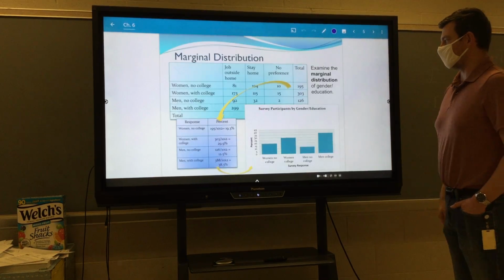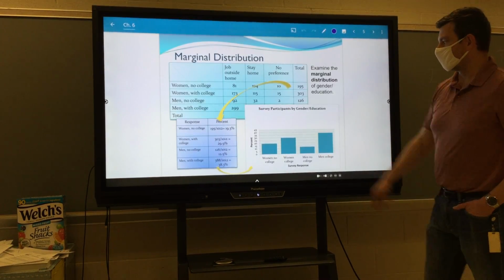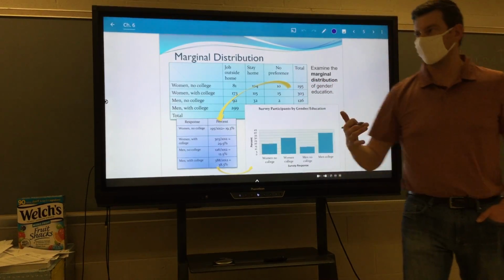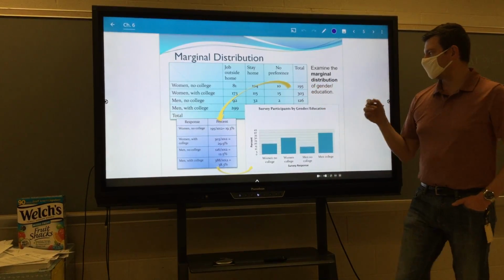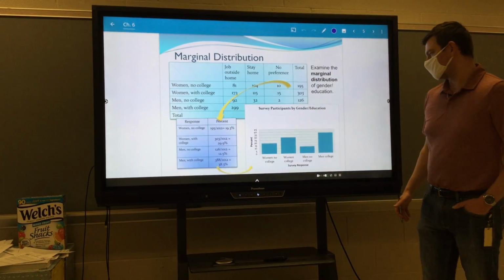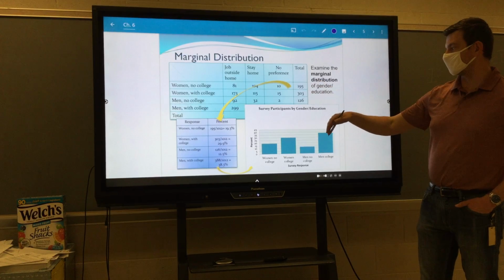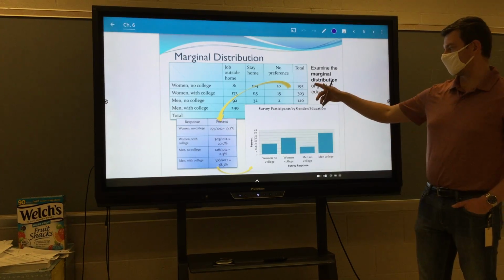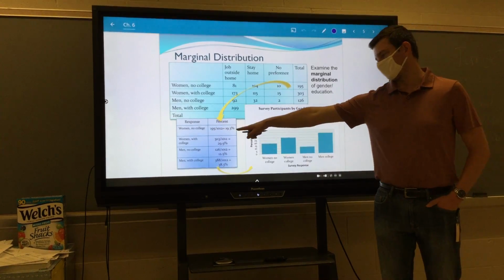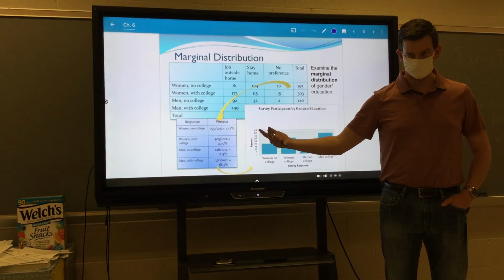So let me give you an example in this case right here. If we were looking at this first row, women with no college background, there were 195 of them. So of the 1,012 individuals that we have, 195 of them were women with no college, which constitutes 19.3%.